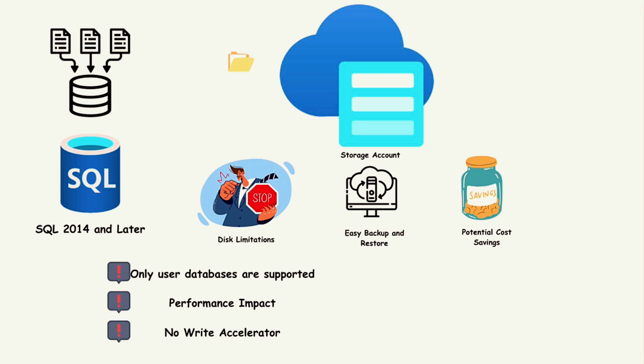There is no write accelerator and no host-based caching is available for blob storage. And the storage account and SQL Server have to be in the same region for latency optimization. Now, what Microsoft recommends is do not use this kind of setup in your production workloads. Microsoft suggests using the traditional VHD approach for stable, high-performance database storage.